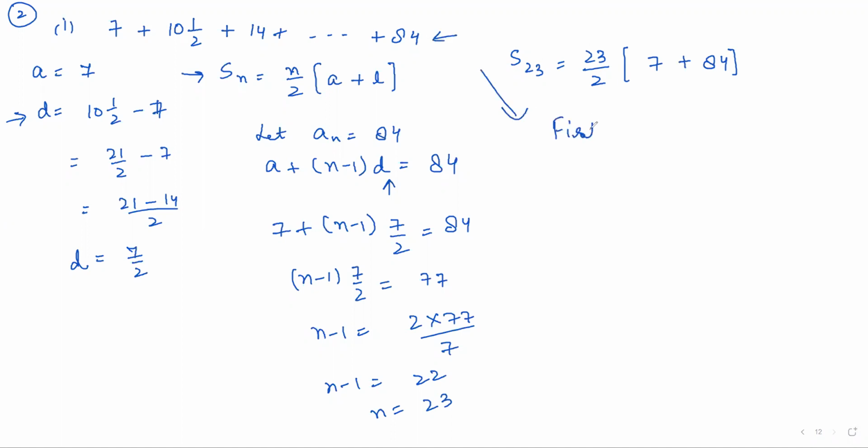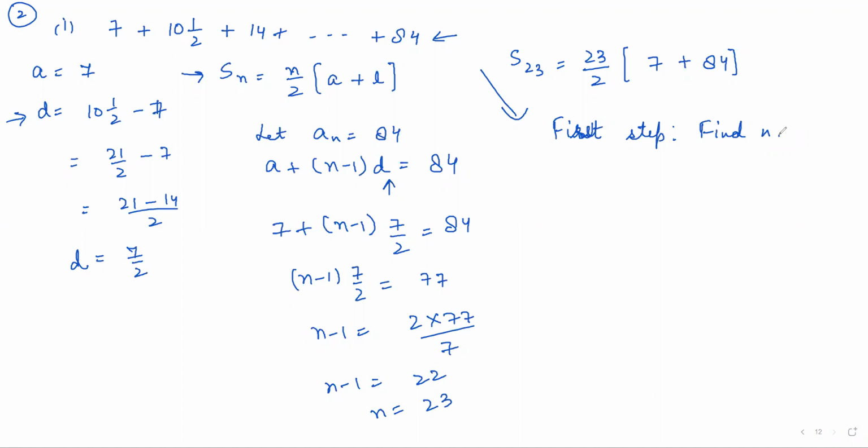The first step will be to find n and then Sn. So you have seen both the formulas, the application of both the formulas, how you have to use them.